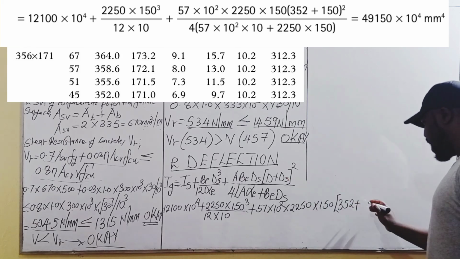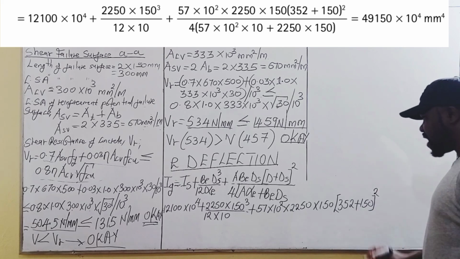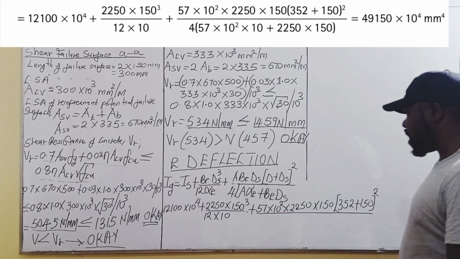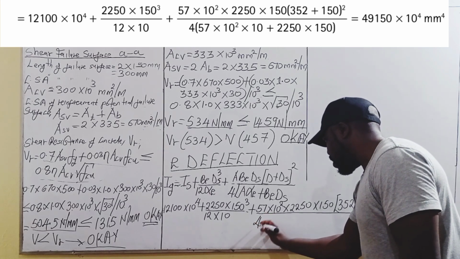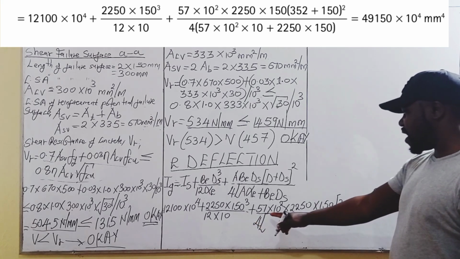Then we add DS, the depth of our section, 150. Then we square that.